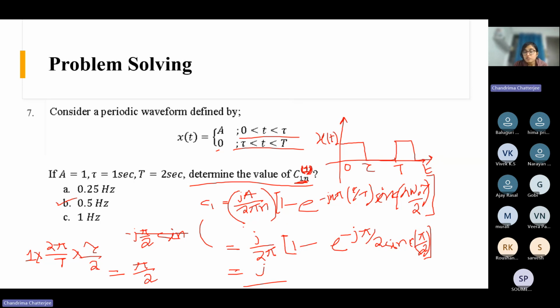So you can just solve this and check what is the magnitude of C1. What value are you getting? Can you just check from this one?